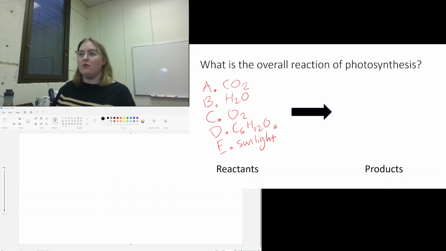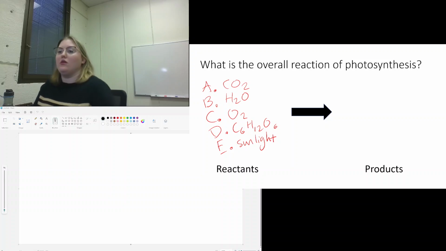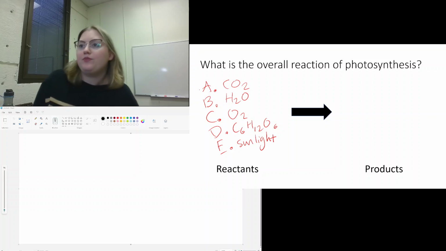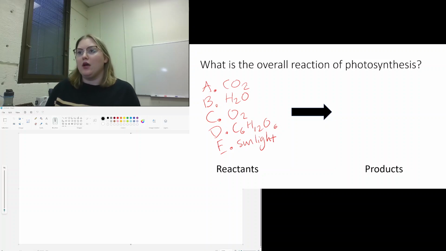So we're going to do some iClicker questions. The reactants, let's see, carbon dioxide for the first question. Is carbon dioxide on the reactant side or the product side? Okay, and then we're going to do water. Is water on the reactant side or the product side?